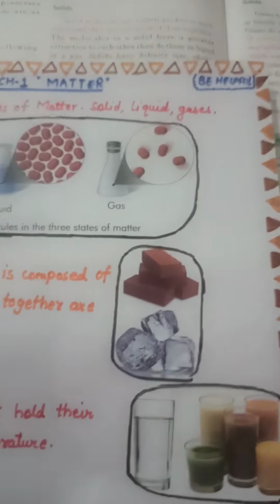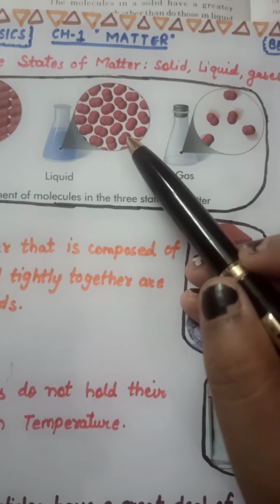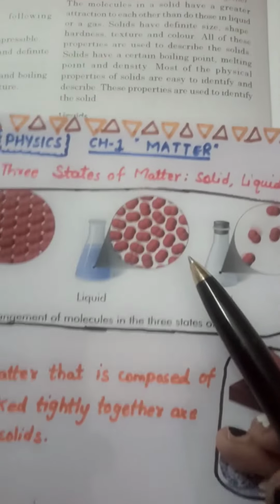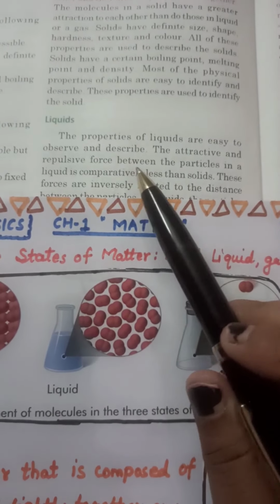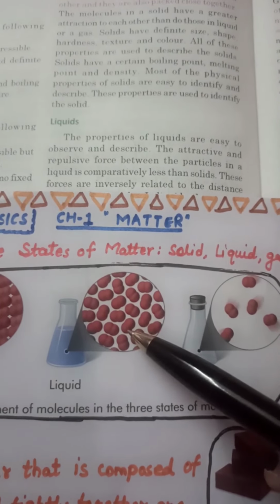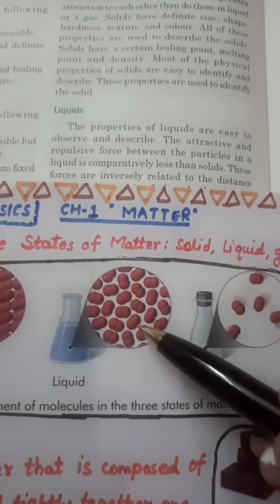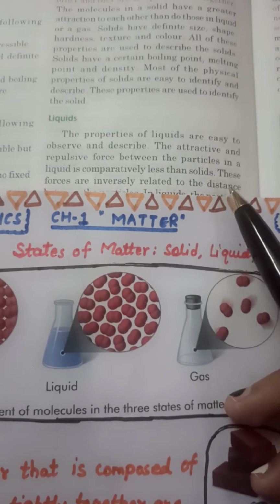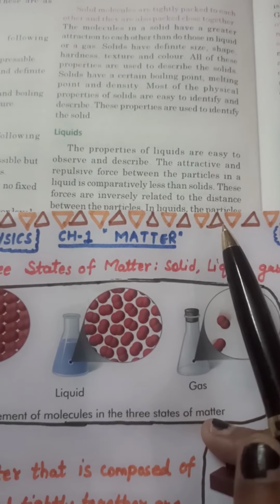Now we can see here that the molecules are arranged in such a way that they are a bit farther from each other, right? Let us see the repulsive force. The repulsive force is less because they have enough space between them. These forces are inversely related to the distance between the particles.